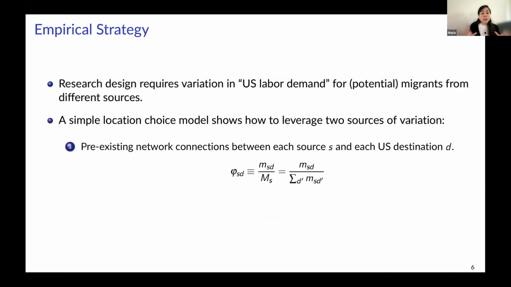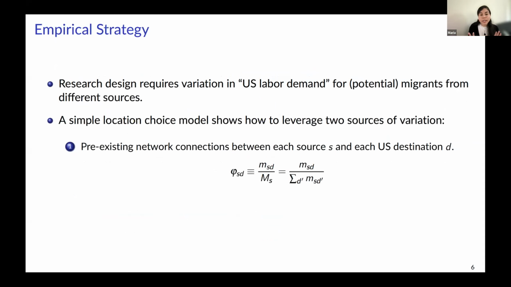Now, our research design requires us to be able to observe variation in US labor demand for potential migrants from different sources or communities in Mexico. So in the paper, we developed a simple location choice model that shows us how to use two different sources of variation in order to identify these effects.